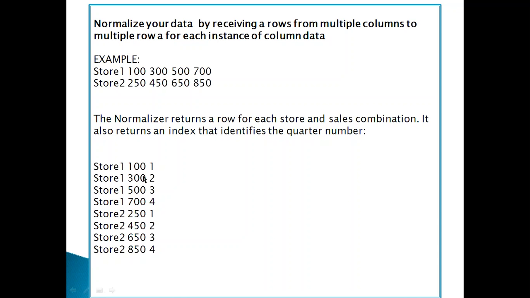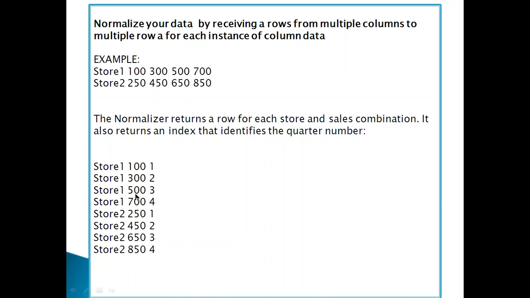Along with the store and sale combination, it will also return an index value. Why is it returning an index value? It helps you identify each quarter. Here we have store 1 and its sales, store 2 and its sales.